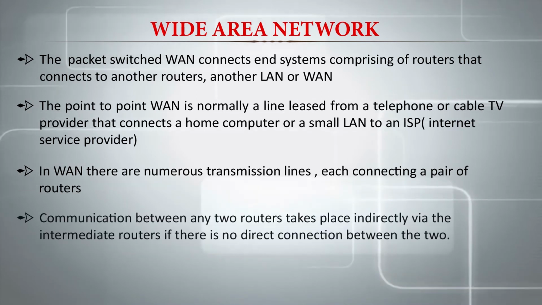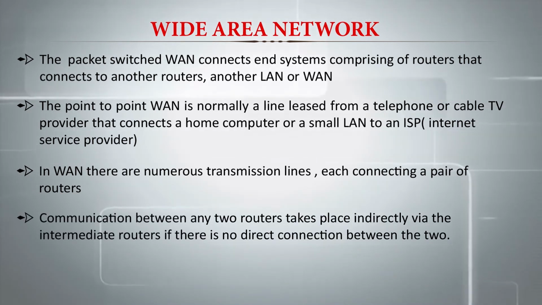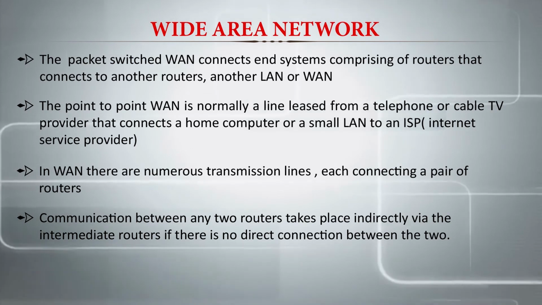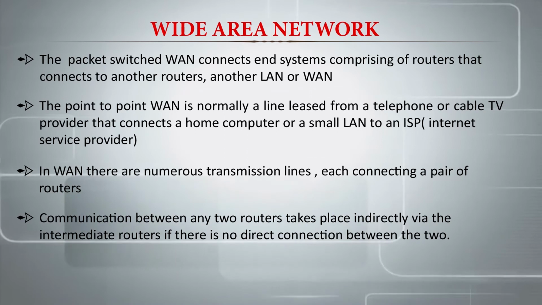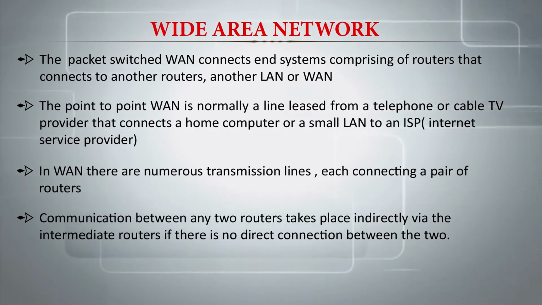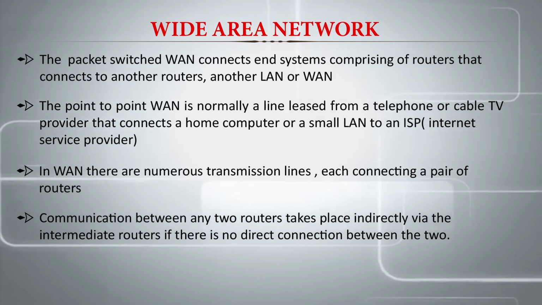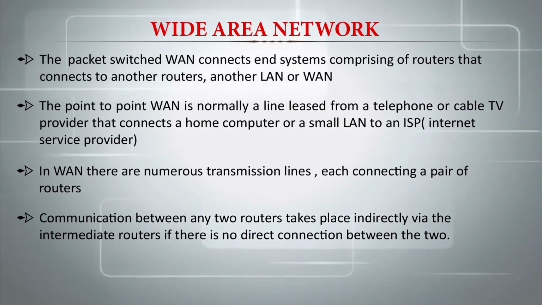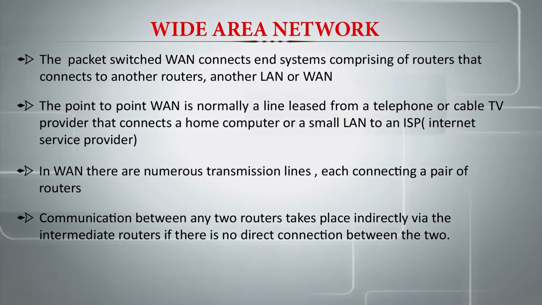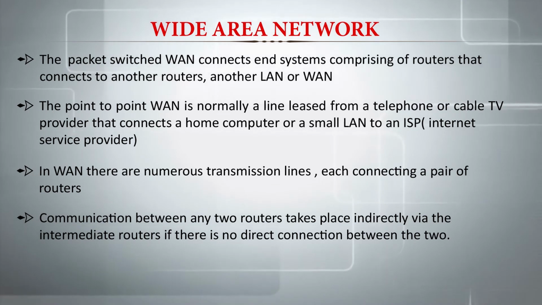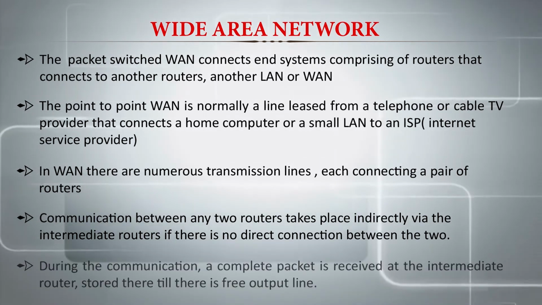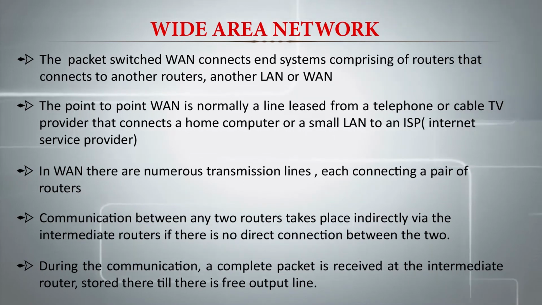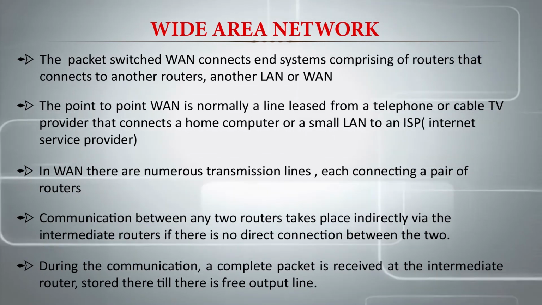Communication between any two routers takes place indirectly via intermediate routers if there is no direct connection between the two. Since multiple routers are there and they are not connected in a mesh topology, not every router is connected to each other, but data transmission can take place from one router to another through an intermediate router.